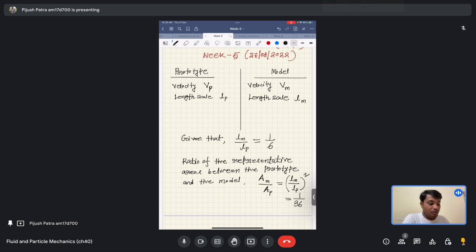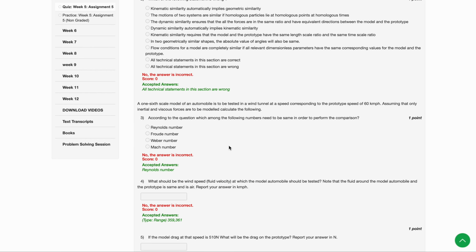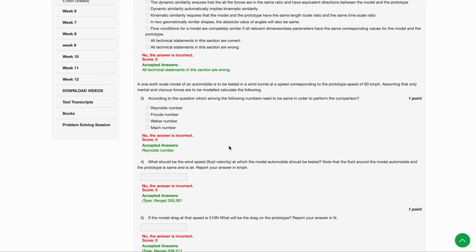So let me go to the problem then. So what it says, that according to the question, which among the following numbers need to be same in order to perform the comparison? Okay, the inertia force by viscous force is the Reynolds number. So the correct answer is the Reynolds number.